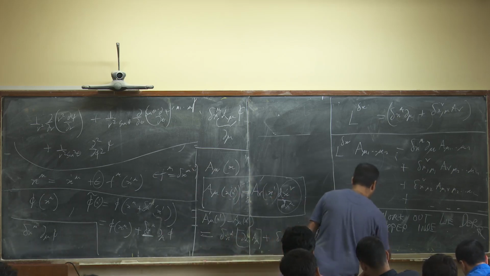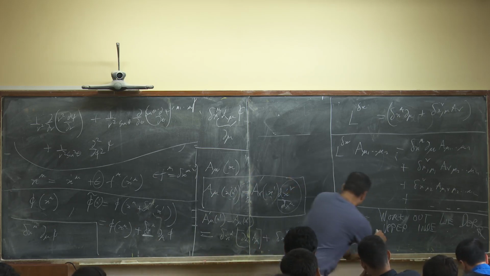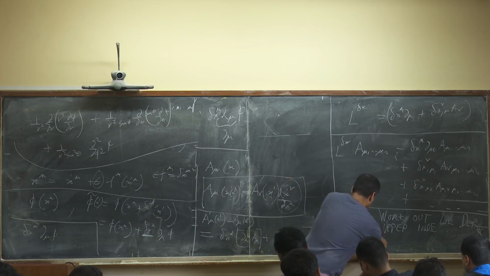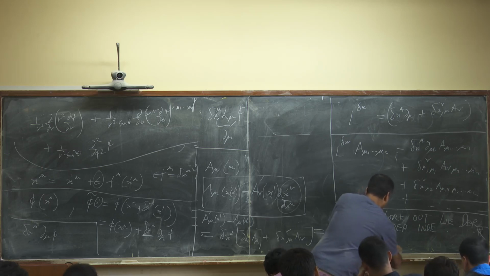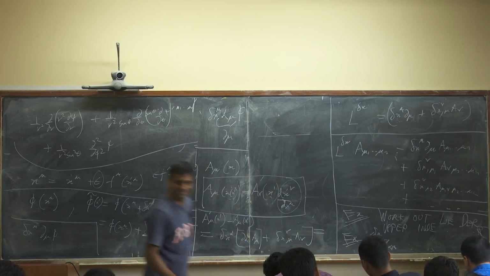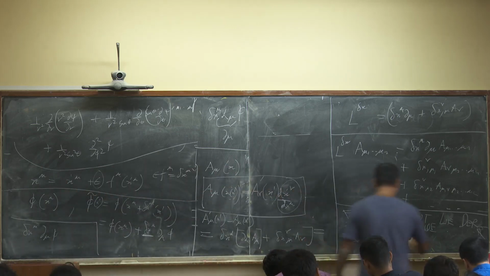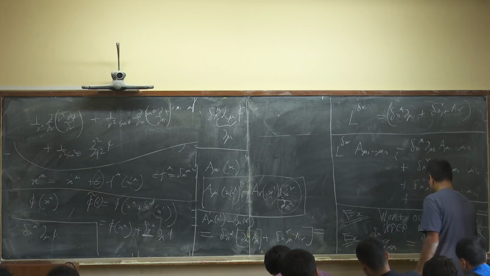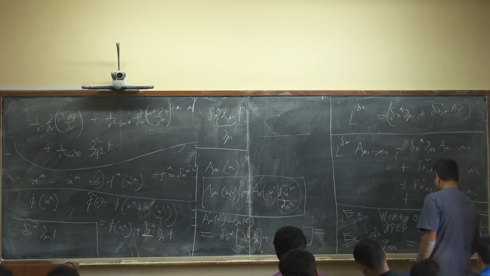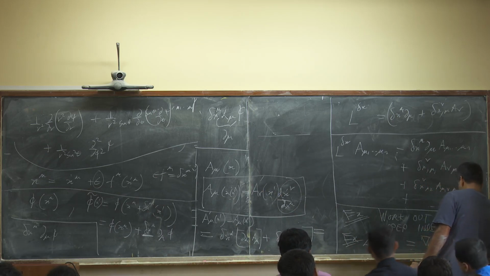Work out the action of the Lie derivative delta x mu on the metric. And show that up to some plus minus sign that this is given by delta alpha delta x beta plus delta beta.